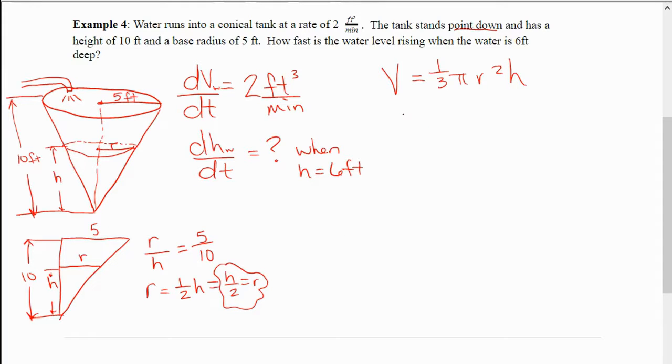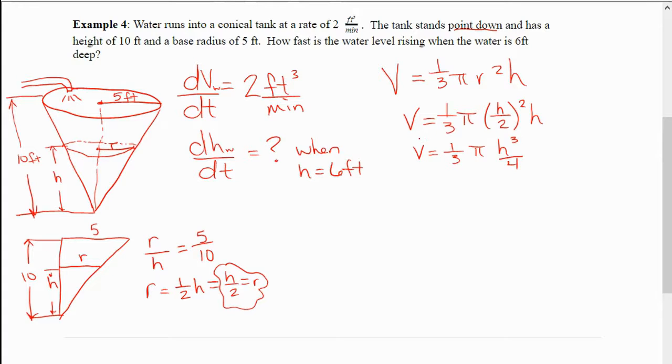Okay, let's plug it in. So volume is equal to 1/3 pi (h divided by 2) squared times h. Let's clean this up. V equals 1/3 pi h to the third over 4.